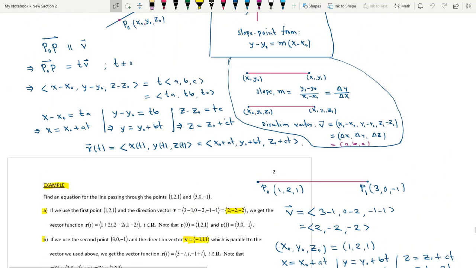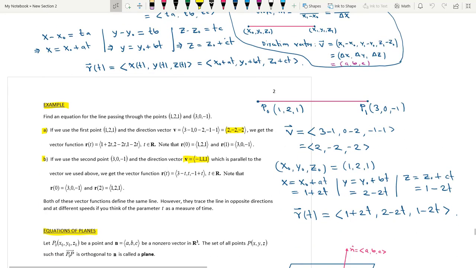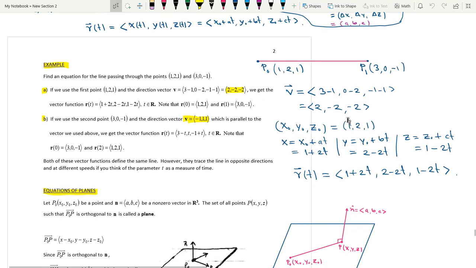Now, if we consider the fixed point P0 as x0, y0, z0, which is 1, 2, 1, then x would be x0 plus at. So x0 is 1 and a is 2, so 1 plus 2t, and y is y0 plus bt, so y0 is 2 and b is negative 2, so 2 minus 2t, and similarly we will get this one.